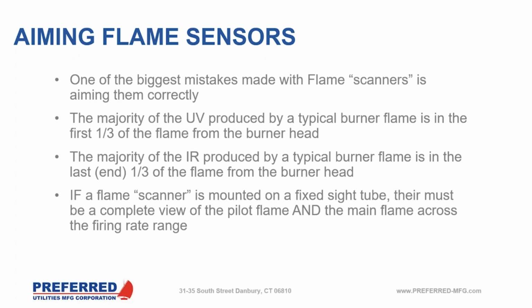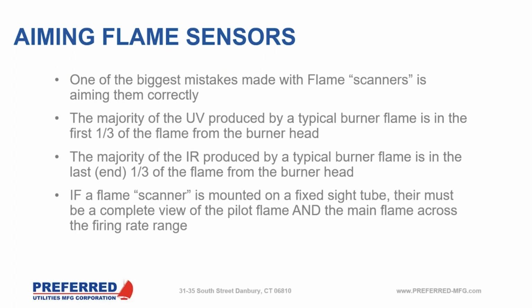On the infrared, the majority of the infrared on a burner is basically generated in the top third of that flame. So it's going to be better aimed more across and toward the top of the flame itself. Now, over the years, people have worried, oh, the scanner sees refractory, and that's really problematic.